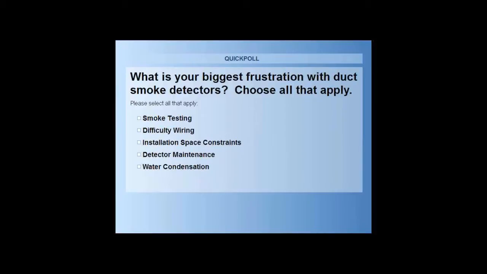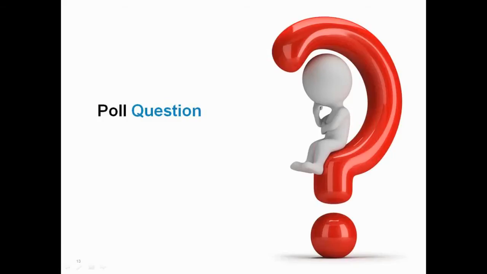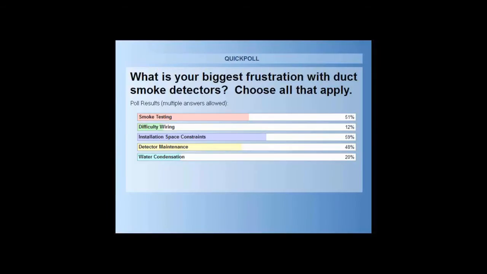What is your biggest frustration with duct smoke detectors? Choose all that apply. We'll give you a few more seconds to vote. All right, about 75% of you have voted, so I'm going to go ahead and close the poll and share the results with you.